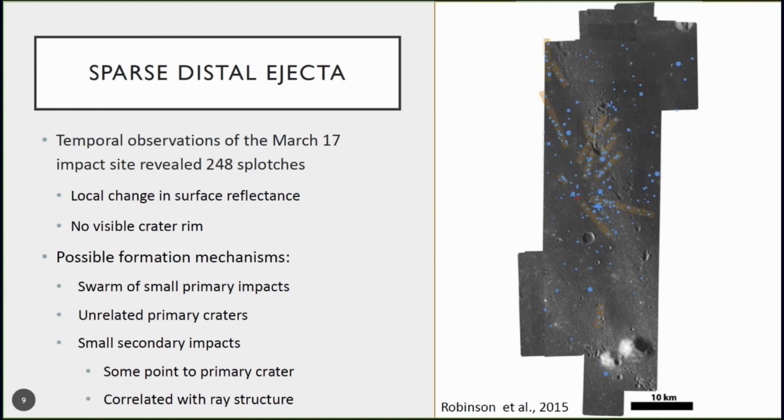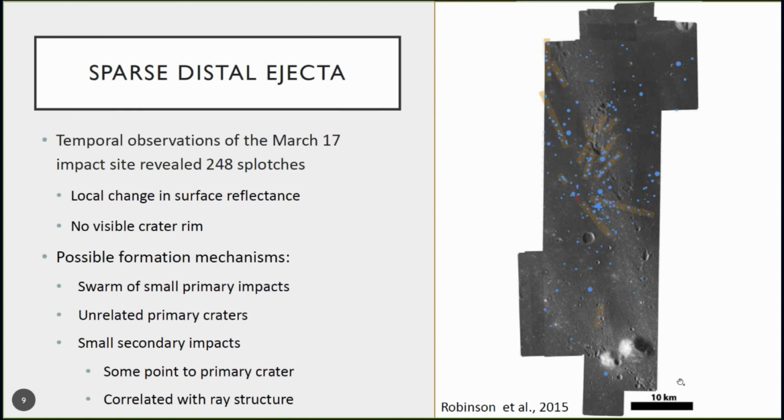One is that they could be a swarm of small primary impacts coming with the major bolide that created the 18-meter crater, or they could be unrelated primary craters that formed around the same time, or they could be small secondary impacts. We believe many of these are small secondary impacts because some point actually back to the crater itself.